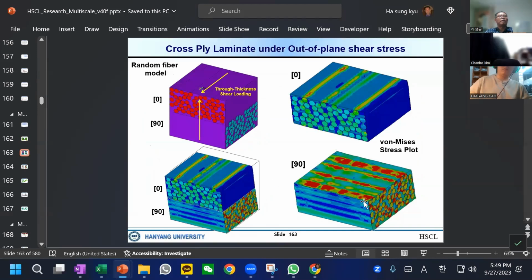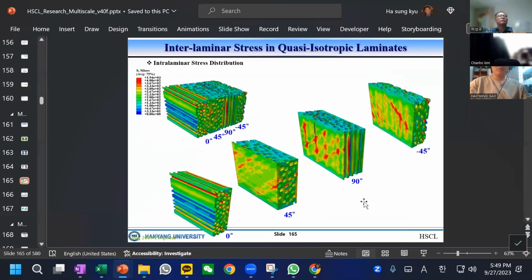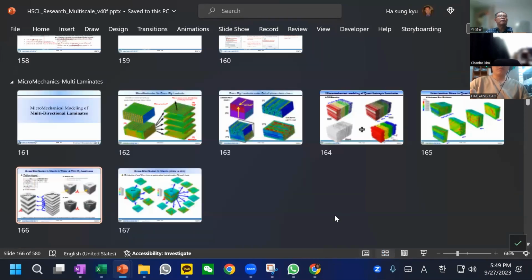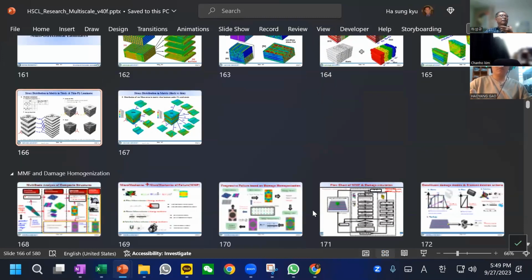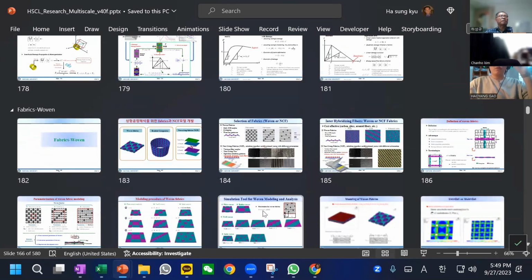I would like to emphasize how much research and development can be done in terms of manufacturing process, in terms of design and so on. This can be applied to many different types of manufacturing process, winding, resin transfer or infusion, and so many characteristics.